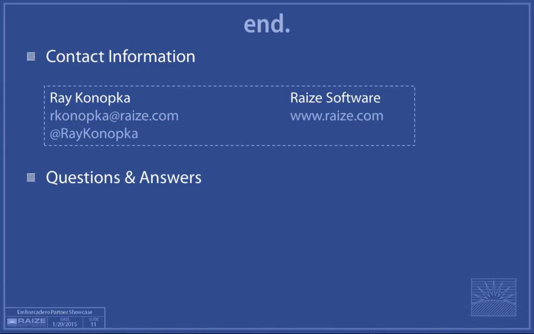I won't say upgrade because that implies a new major version, but we do provide for our major versions. Right now, the major version for Raize Components is version 6. Each time Embarcadero releases a new version of RAD Studio for Delphi or C++Builder, we release a new build that provides the support for that newest VCL version.